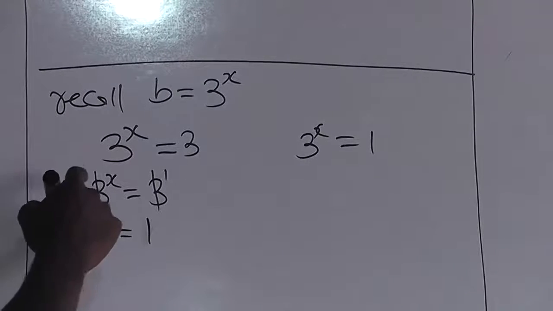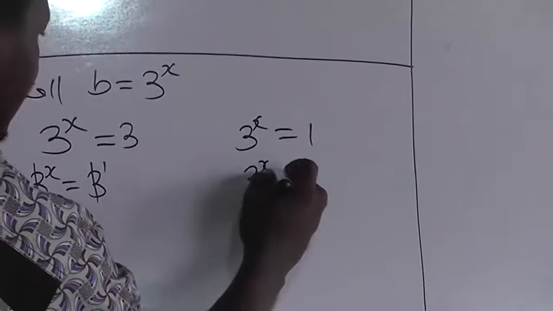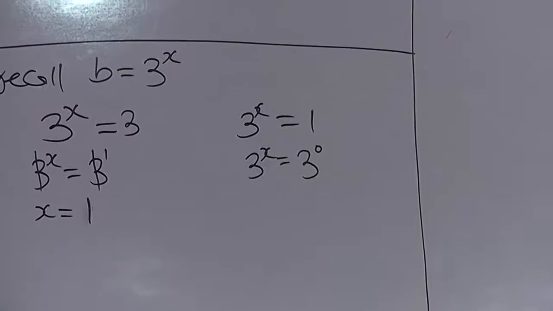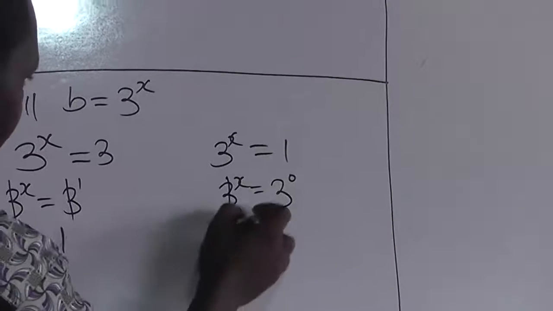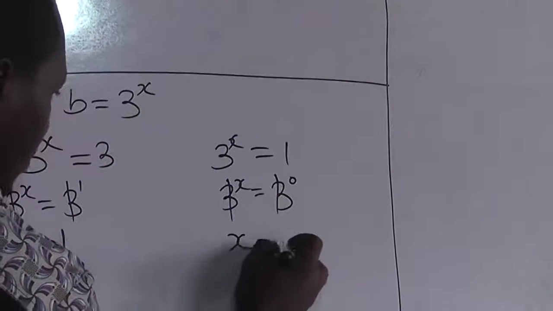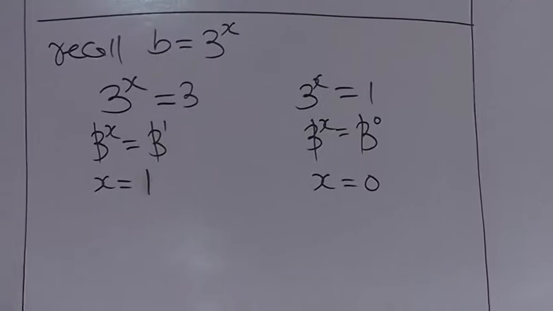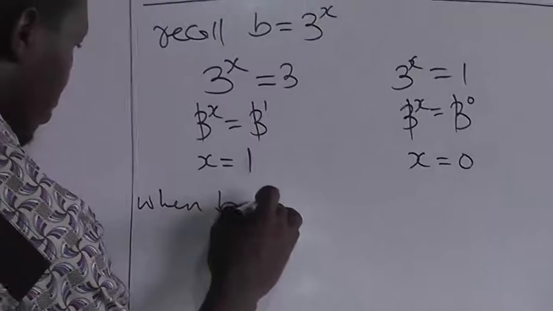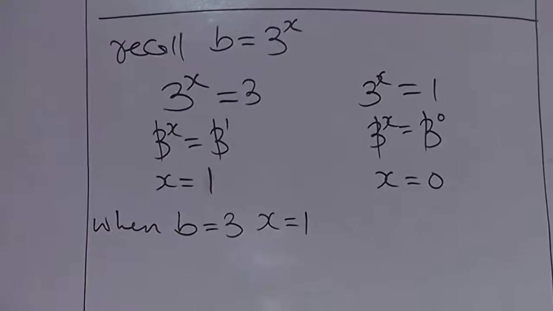So, here also, 3 raised to power x is the same thing as 3 raised to power 0. Recall that we said anything raised to the power of 0 is 1. So if you take out the bases, x is equal to 0. So when b is equal to 3, x is equal to 1.